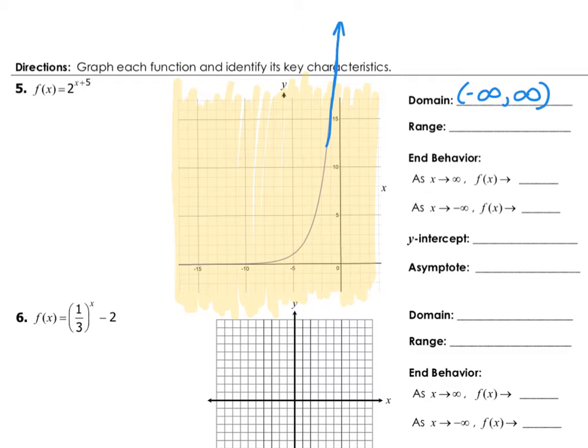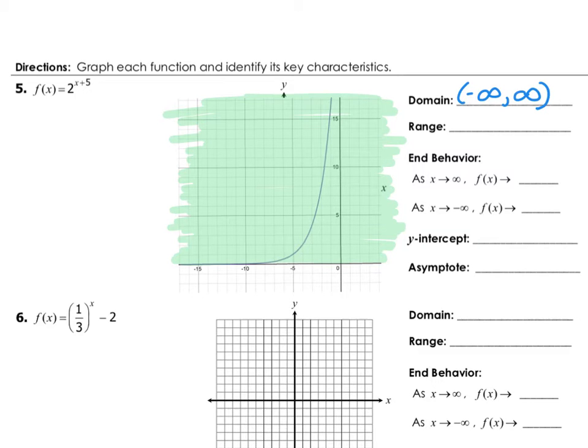Now the range here is different. For the range, we need to really look at a bottom to top scan. So think back when we were doing piecewise functions and we were scanning from bottom to top. So if we're scanning from bottom to top, we can see here that we don't start our function until we hit that x-axis here. And then we just scan up, and that function is going to continue up forever and ever into positive infinity.